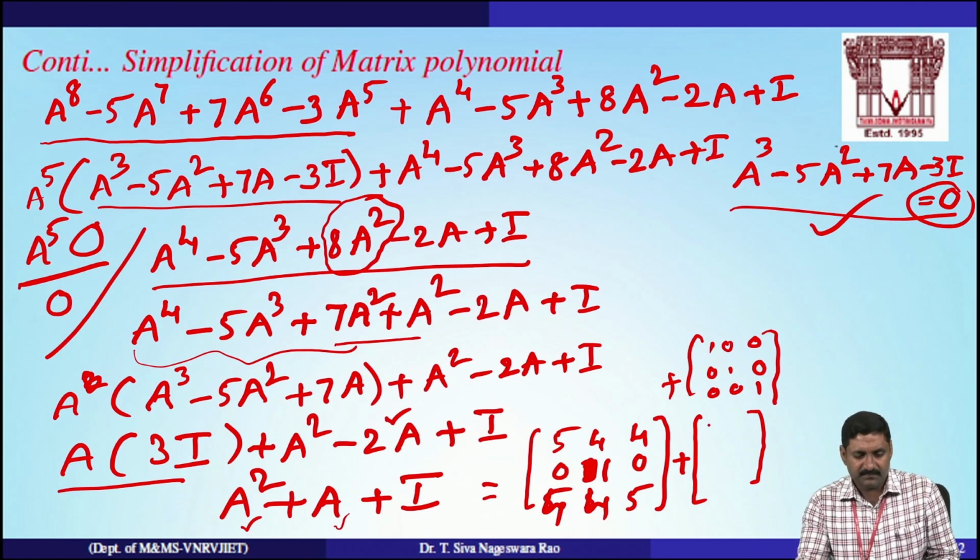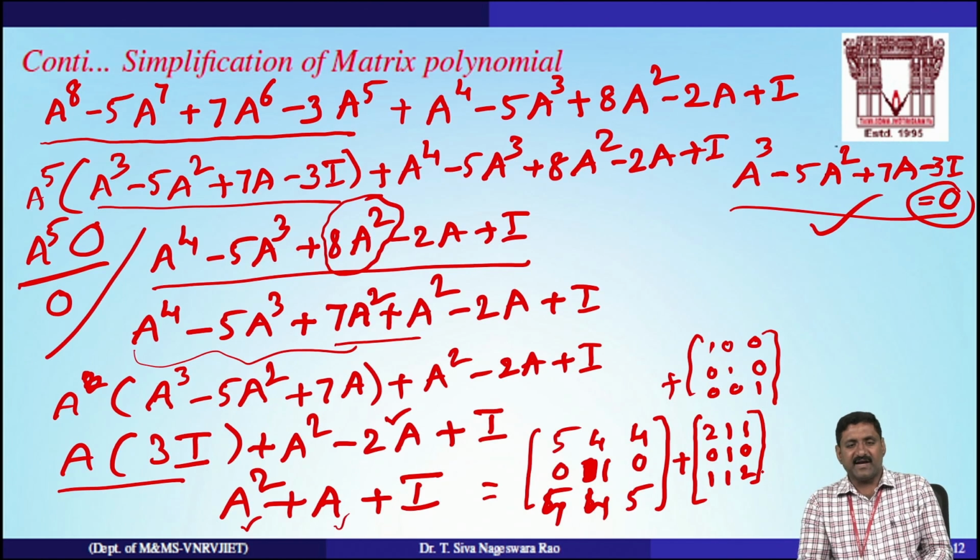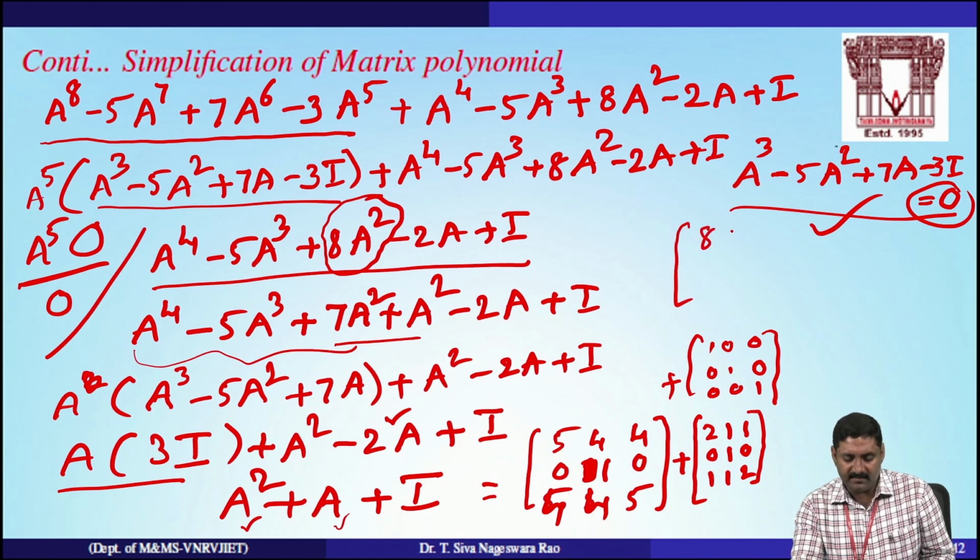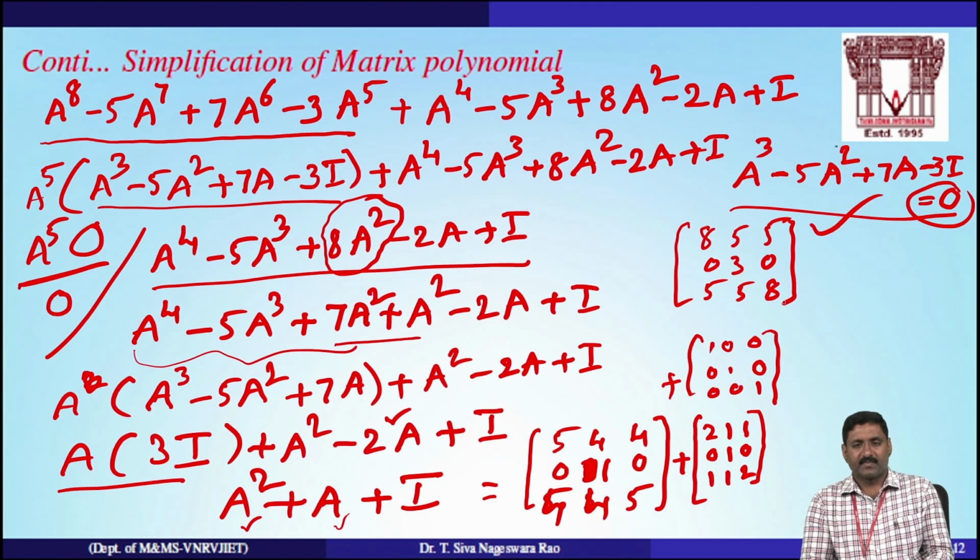Just by adding all these, you will get the answer as 8 5 5, 0 3 0, 5 5 8. So this is the final answer for the simplification of the matrix polynomial of order 8.